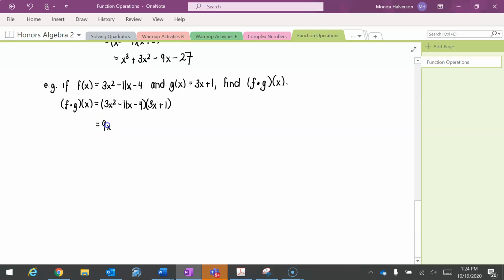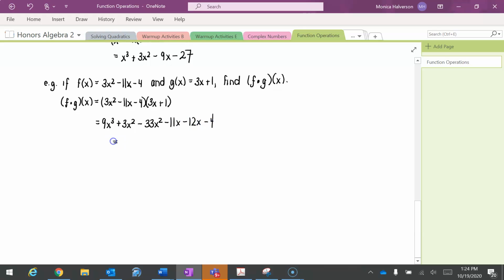And we're going to get 9x to the third plus 3x squared minus 33x squared minus 11x minus 12x minus 4. So 9x to the third, not plus, minus 30x squared minus 23x minus 4 as our final answer.